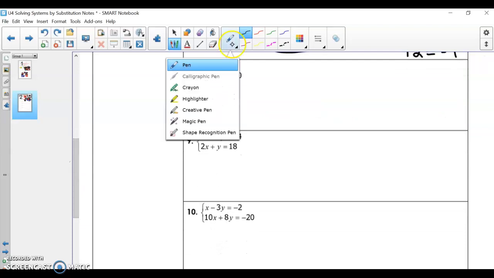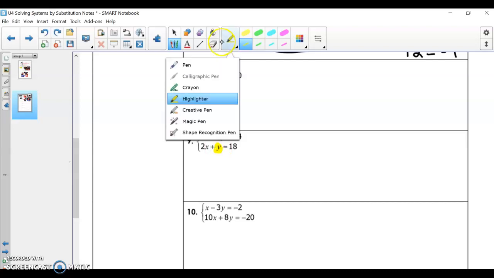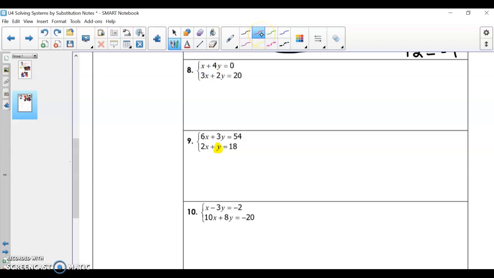For number 9, again, we don't have a y equals, but we do have a y that's standing alone. Over on the left, I'm going to solve it. You have 2x plus y equals 18. You're going to solve it for y by moving your 2x, subtracting it.